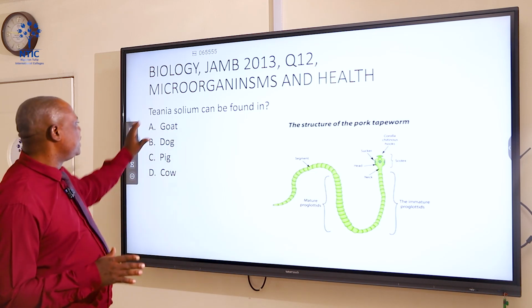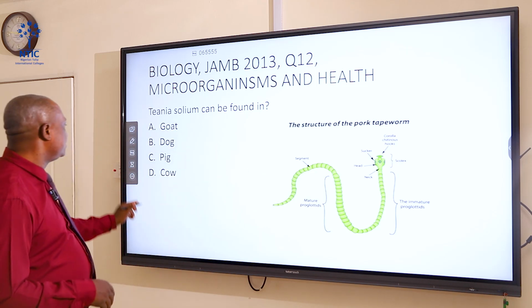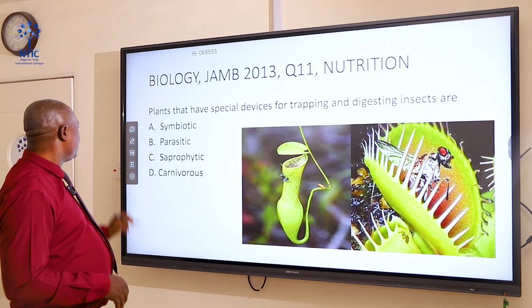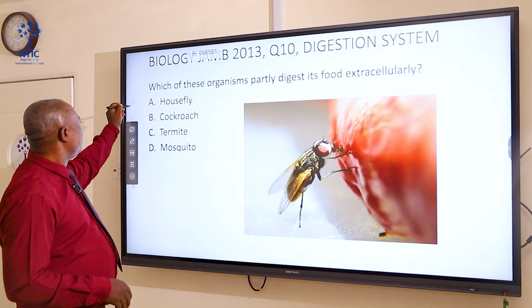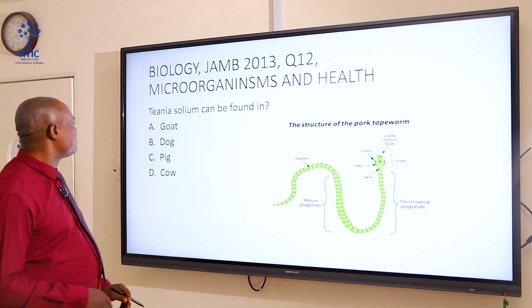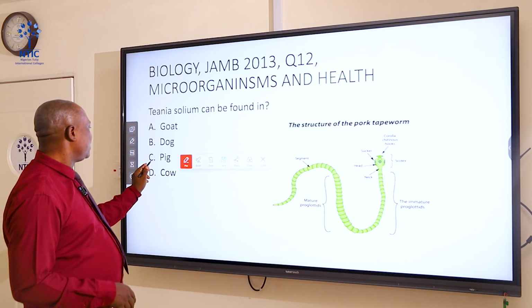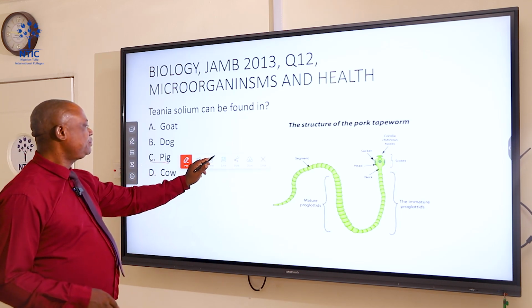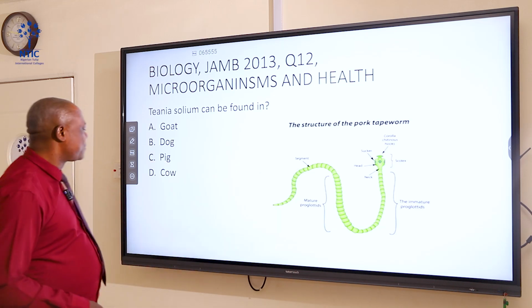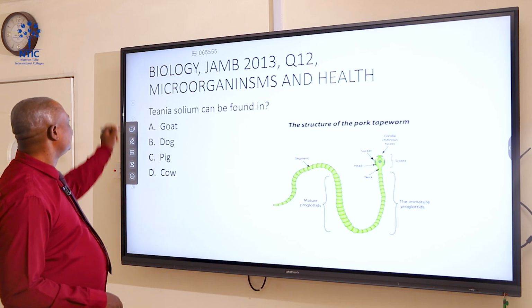But this very one, Taenia solium, is found in pig. So where you have them, you see them in pig. So we move to the next question.